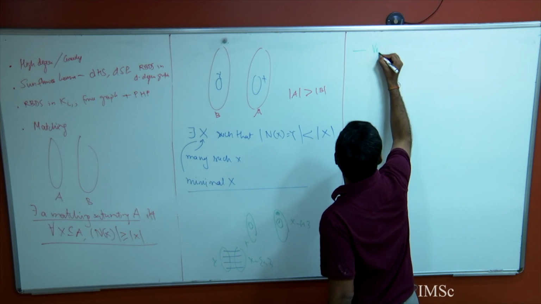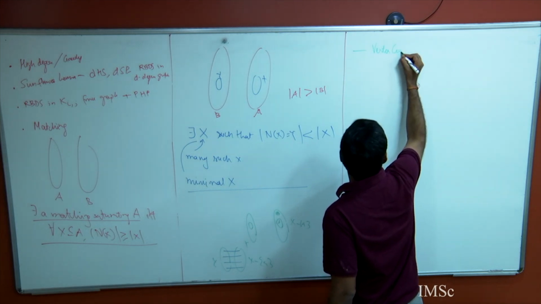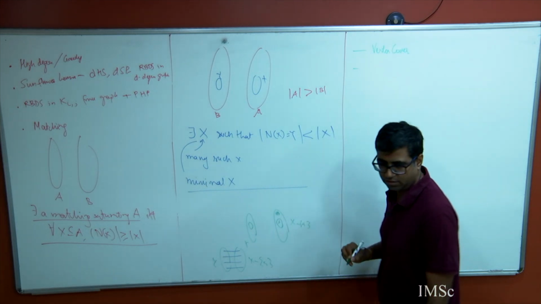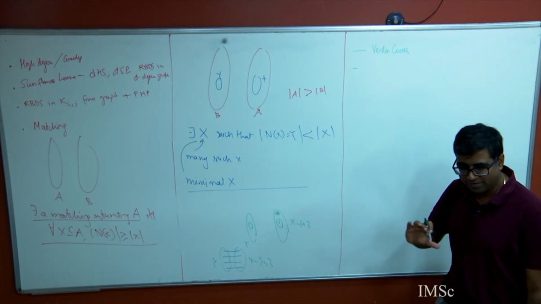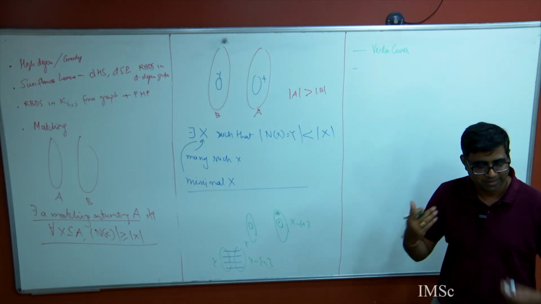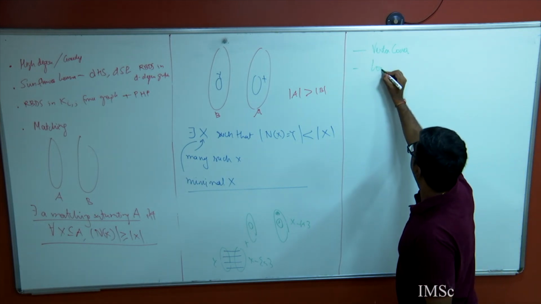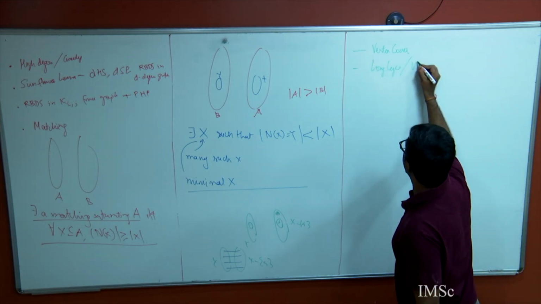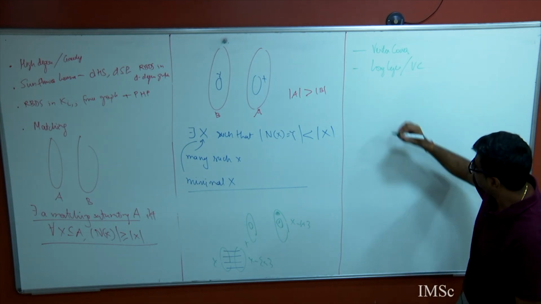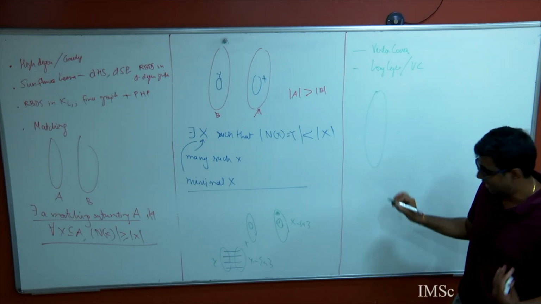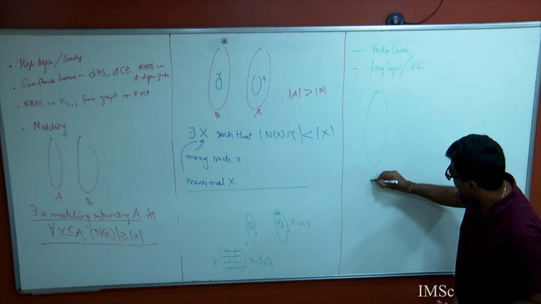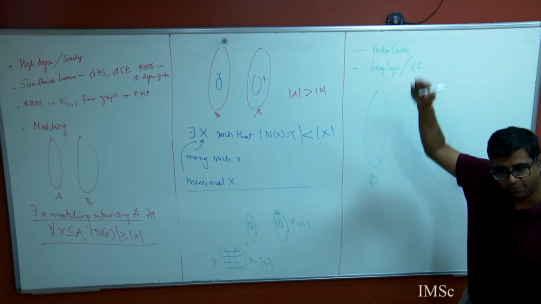What else did we do yesterday? From this crown business, we were not able to do it completely. So look at what we did. We did long cycle parameterized by vertex cover. Here we created A, no, let's call them B. A will always be for us the bigger side.